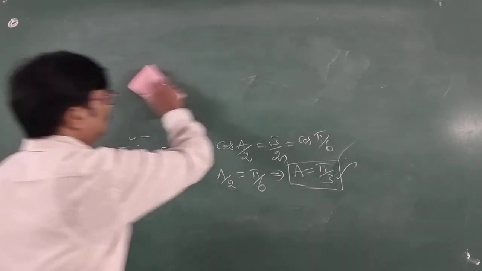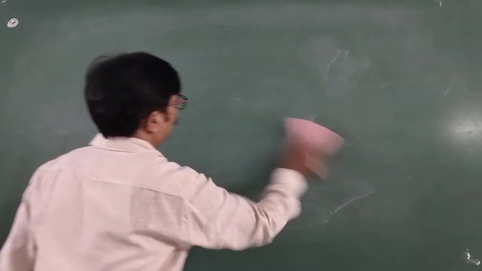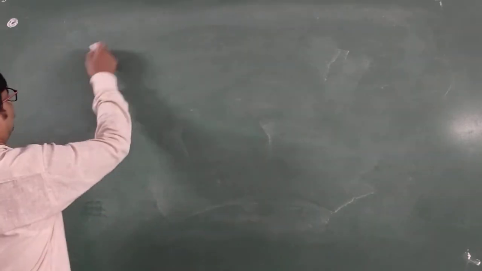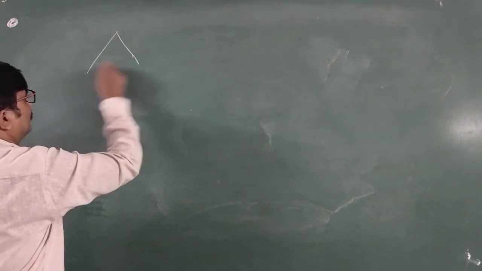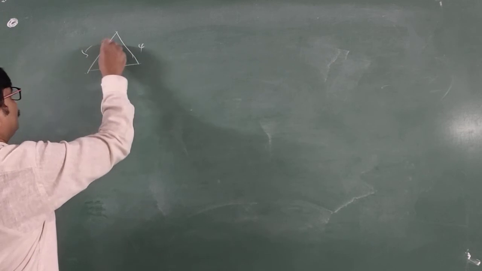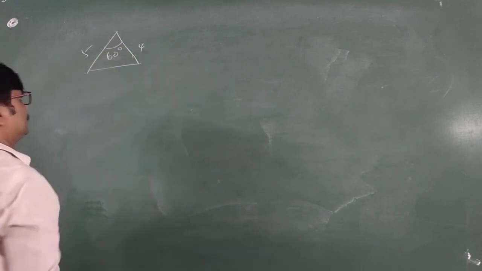Now students, two sides are given and also the angle between them is given. My dear students, the sides of length 4 and 5 include an angle of 60 degrees.